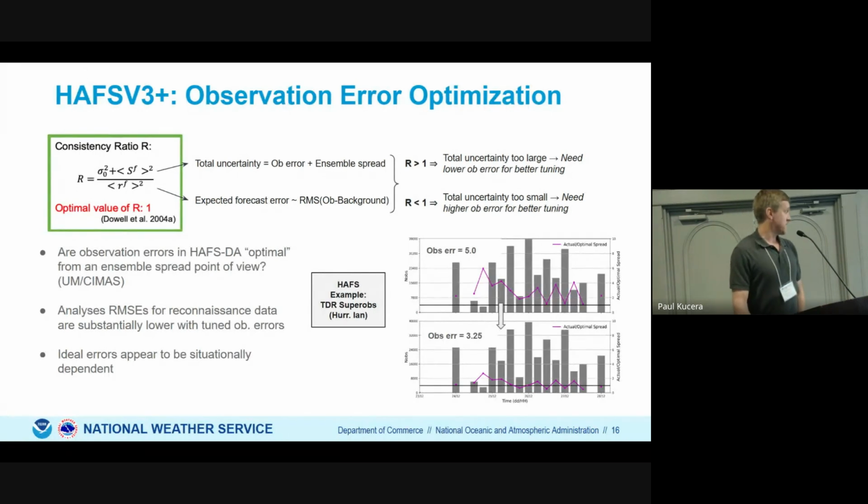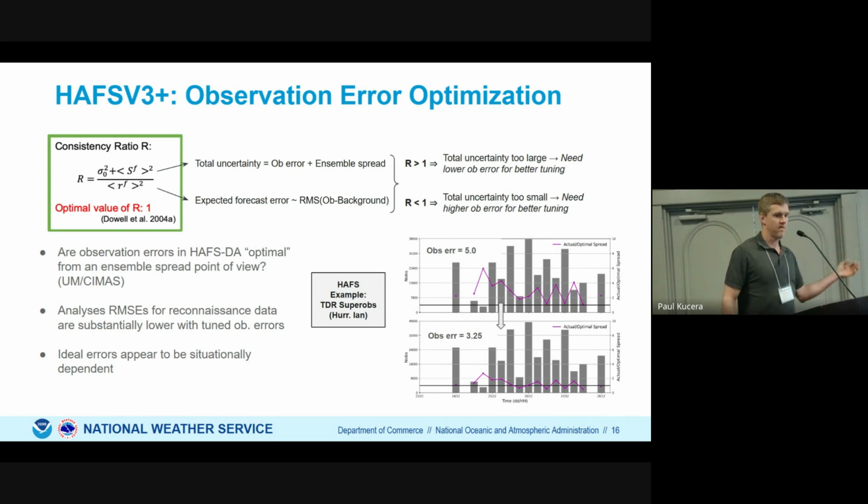Our research partners, University of Miami, have a WPO OBS proposal that was funded, and they have the JTTI as well with the multi-institution. And one of the things they're looking at is the observation errors. It turns out that observation errors are really, really important. And especially as you get to the inner core, things get really complicated. And there are theoretical values that you should have for observation errors.